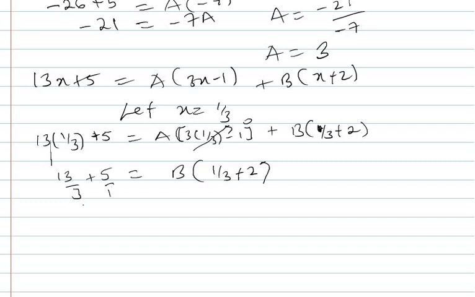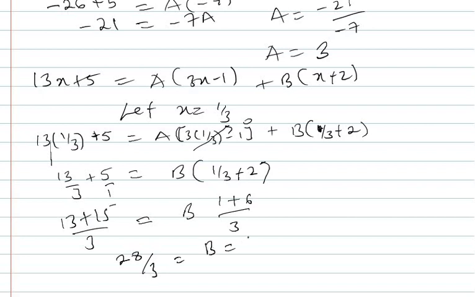So here by taking LCM we have 3 times 13, then plus 3 times 5 is 15, and also here is equal to, by LCM, 3 times (1 plus 6). So here 13 plus 15, we have 28. So we have 28/3 is equal to b times 7/3.